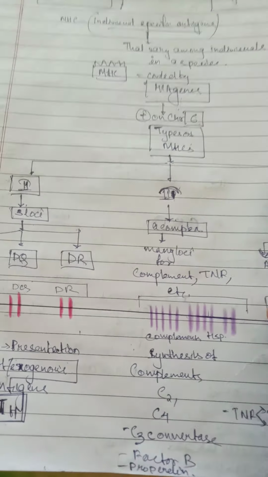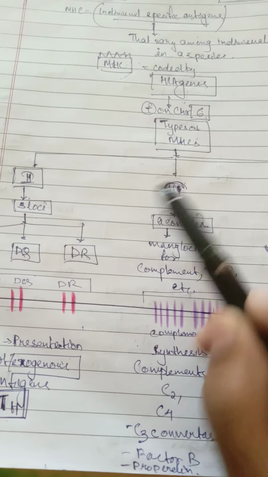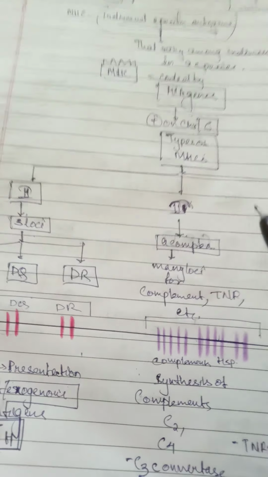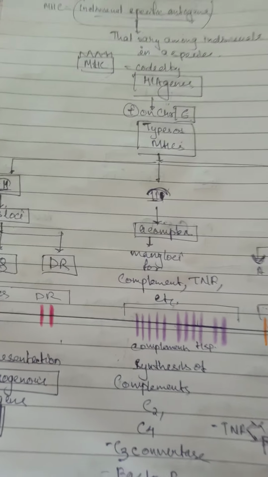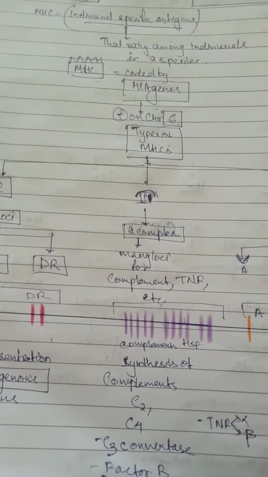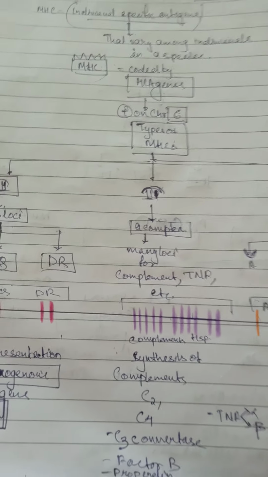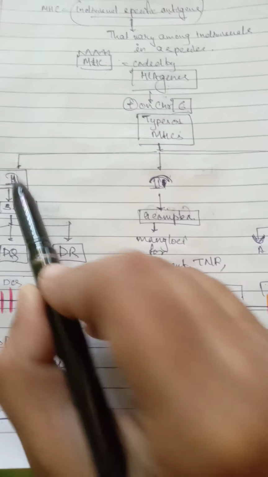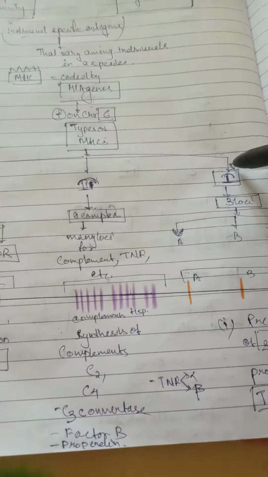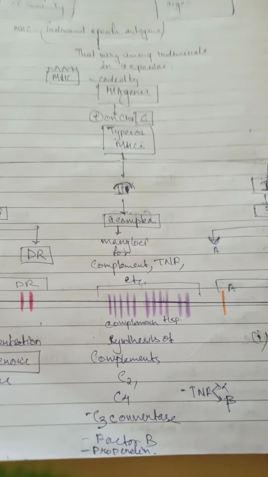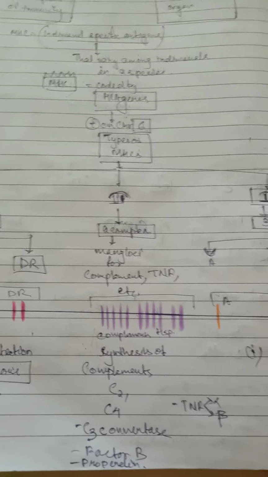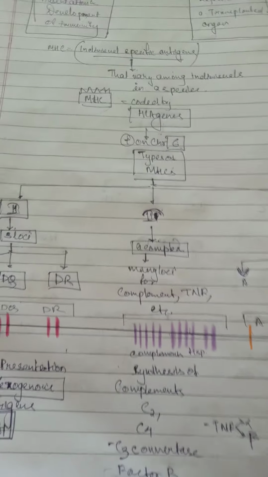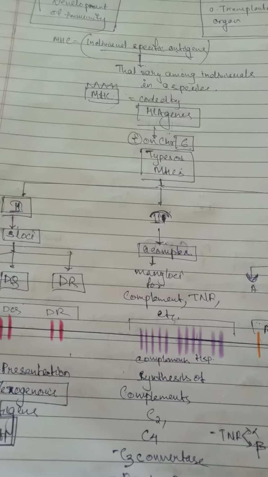Now the MHC3 molecule is less important to know in the UG curriculum, but it is a complex locus that has many regions that code for different functions of our acquired and innate immune responses. Among these three MHC molecules, important to us are MHC2 and MHC1, which are highly essential in activating our acquired immune responses, mounting a strong immune response against a foreign invader as well as a transplant.